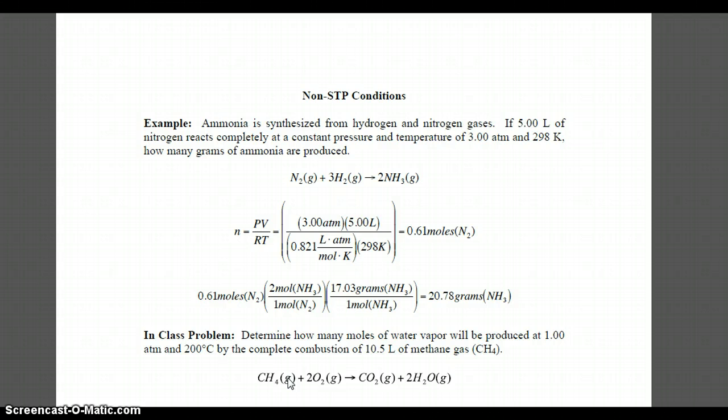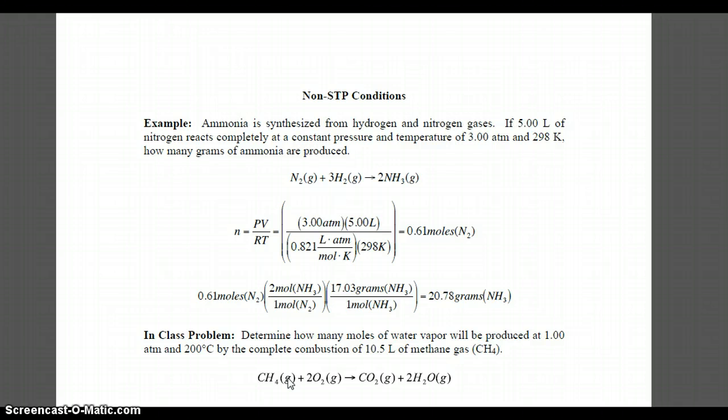So real gases best approach ideal gas behavior under conditions of high temperature and low pressure. Okay, so you need to know that. And that's because molecules move faster and more freely and have more energy to break any potential intermolecular forces between gas particles under these conditions.